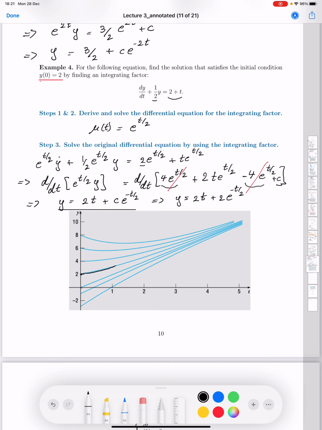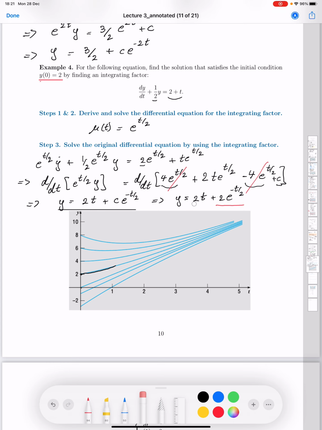Now, as a practice of being a good student, don't just jump into the next example like what we did here with example 3. We jump to example 4. Don't do that. Take a moment, try to digest. So we see that this is a damping term. As t goes to infinity, this term will go to 0.